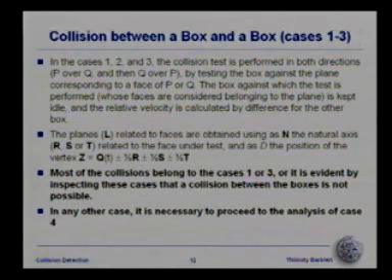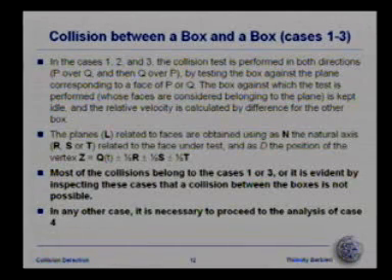Instead of using n as normal, you will use r, s, and t. So this will be your vector defining direction of the plane. The position of the vertex will be this one.